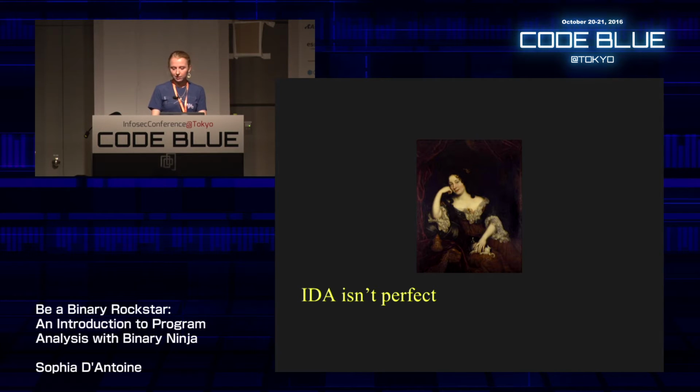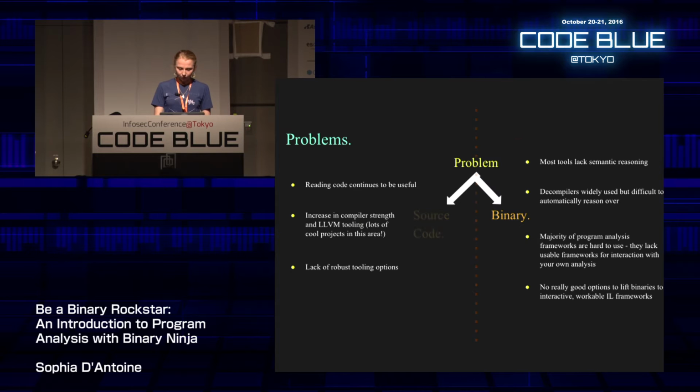So maybe you want to identify all the dynamically bounded memcpys, for instance. IDA does have a Python API, but how hard could it be? And the answer to that is very hard. IDA does not allow you to automatically analyze a binary or use different symbolic or program analysis techniques on it.